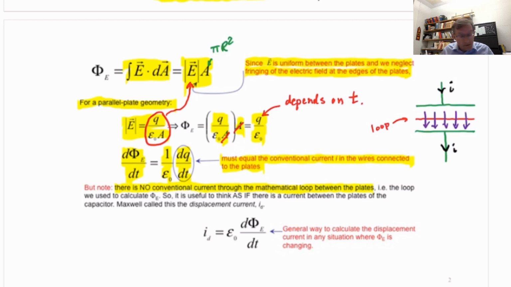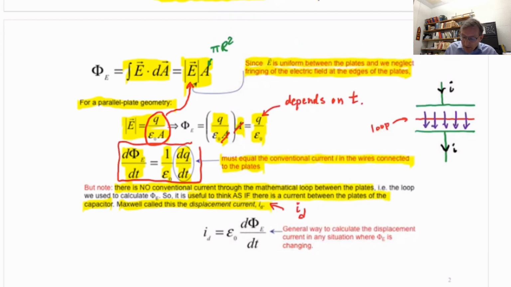Now, it's not conventional current by any means, but he's saying it's convenient to think as if there were some kind of current in the region between the plates flowing through that mathematical loop. Okay? So he's saying, let's think as if there is current between the plates of the capacitor, but so as not to confuse it with conventional current, he gave it a different name. He called it displacement current, I sub D.